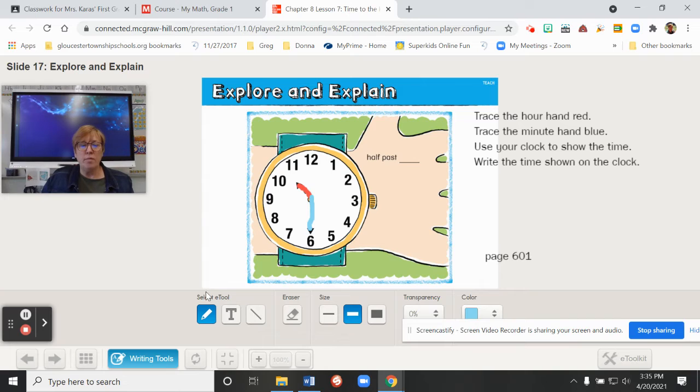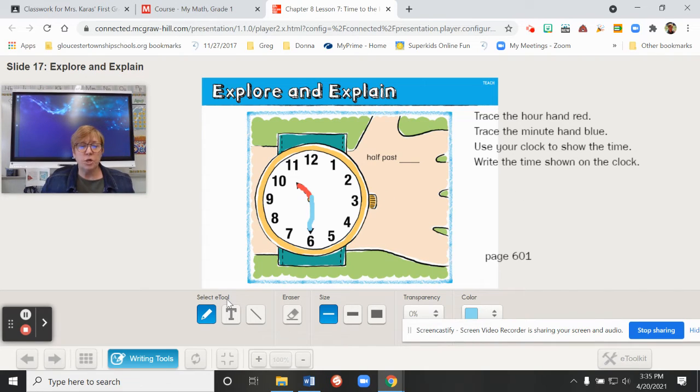Okay, now they would like to know, use your clock. I'd like you to take your little plastic clock. Now remember, unfortunately, our clocks don't line up with that. So your hour hand is blue, your minute hand is red, but we're following the directions here.